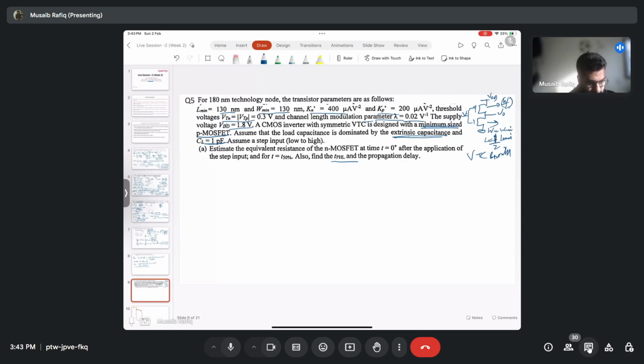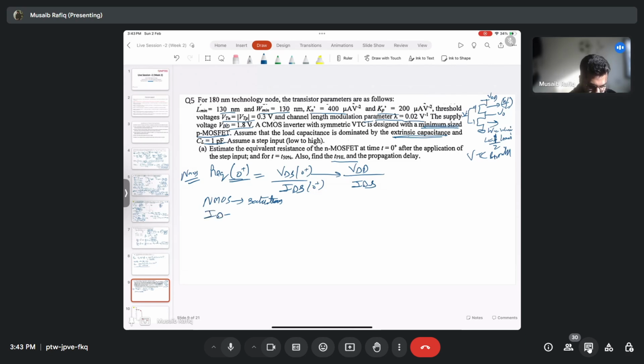Following this fact, I need to find the equivalent resistance at 0 plus. So for NMOS, R equivalent at 0 plus will simply be equal to VDS at 0 plus divided by IDS at 0 plus. VDS at 0 plus will be equal to VDD, and IDS we need to find. At this time my NMOS will be in saturation because VGS is greater than VT and VDS equal to VDD is obviously greater than VGS minus VT.